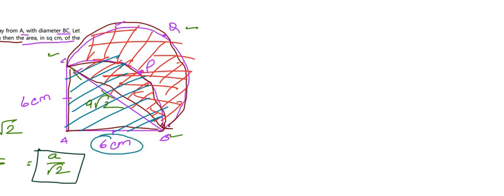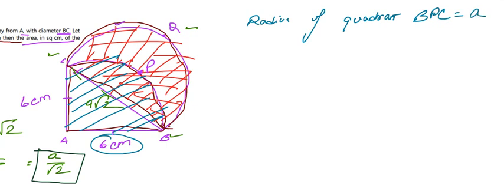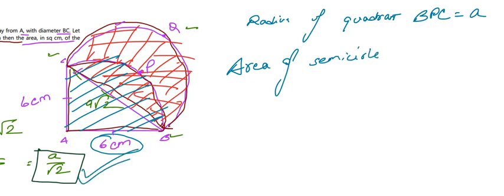So let us write here, radius of quadrant BPC is equal to 6 centimeter, which is a. Therefore this is the radius. Now let us find the area of the semicircle. First, area of semicircle, where we have a by root 2 as the radius.